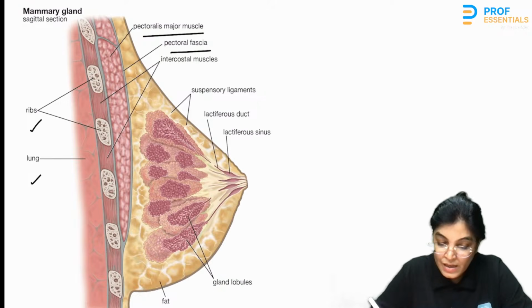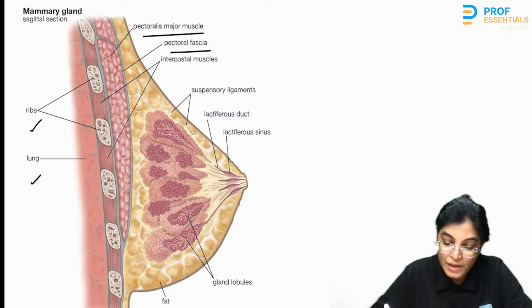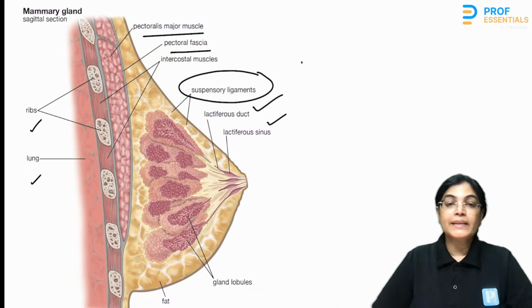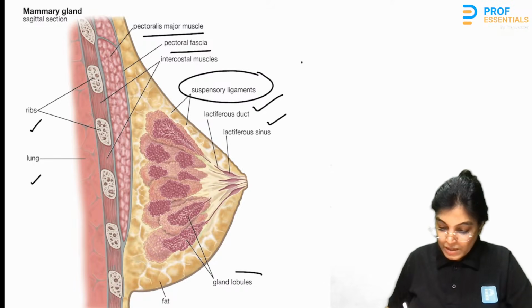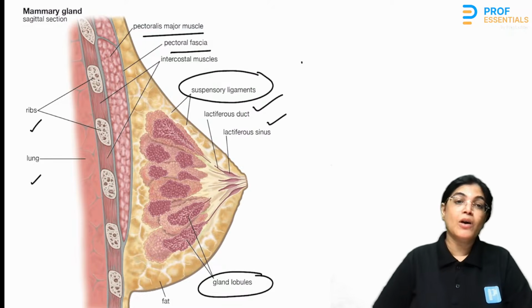You can see the parenchyma, the glandular portion, which consists of the lactiferous sinus and lactiferous ducts, and the suspensory ligament, a connective tissue framework supporting the mammary gland. We can also see the lobules, which are also part of the parenchyma.